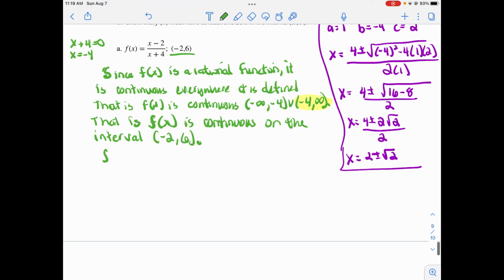Second step, evaluate the function at the two endpoints of the interval. So we're going to do direct substitution. And I get what? Negative 4 over negative 2, which is negative 4 over positive 2, which is negative 2. And f of 6.